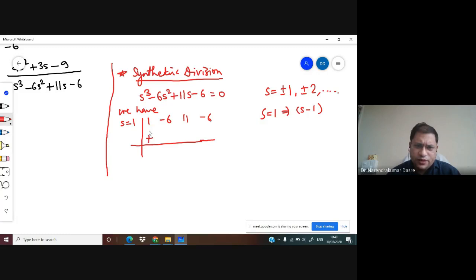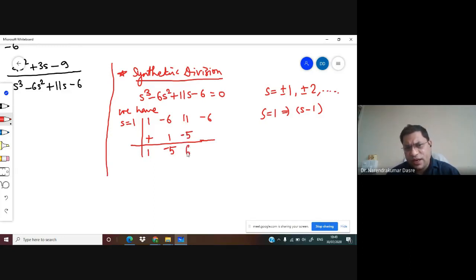So we don't do anything to the first term, so that first term remains as it is. Then this and this will multiply, and I'll write it here, so it will become 1. Then add these two terms, so I'll have minus 5. Then multiply this term and this term, and I'll have minus 5 here.